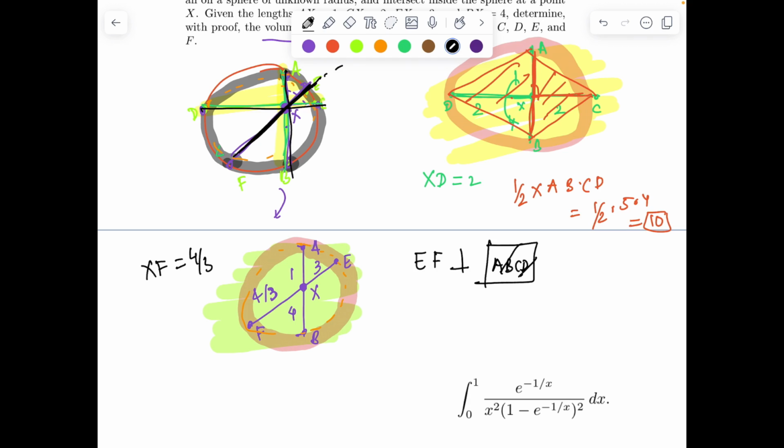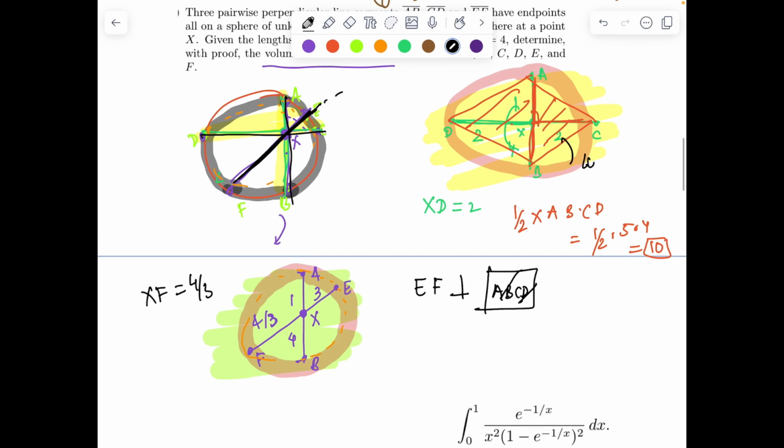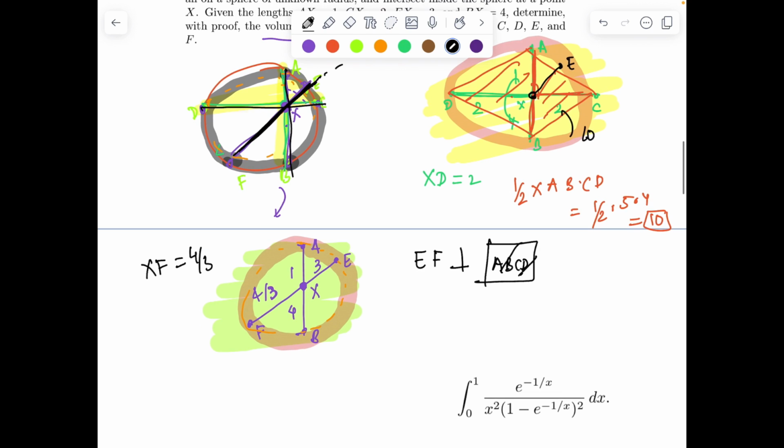Hence the octahedron is divided by that plane into two right pyramids, whose base area is 10 and height is EX because of 90 degrees. So this base area is 10 and the height is nothing but EX. So I hope you are able to visualize. And the other height on the other side is going to be FX.